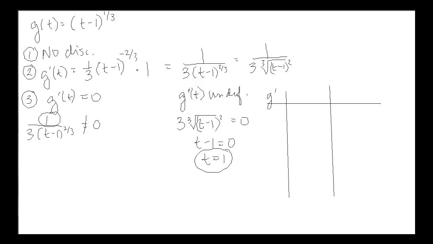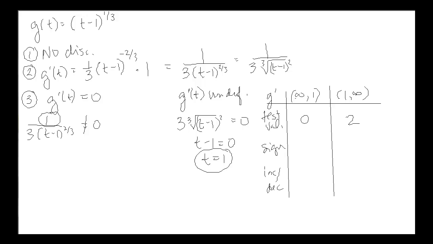So we've got g prime, the test value, the sign, then we need, is it increasing or decreasing? We only have one critical number, so that would be from negative infinity to 1, no points of discontinuity, so just these 2 subintervals. One test value from negative infinity to 1 would be 0, and from 1 to infinity, we pick 2.